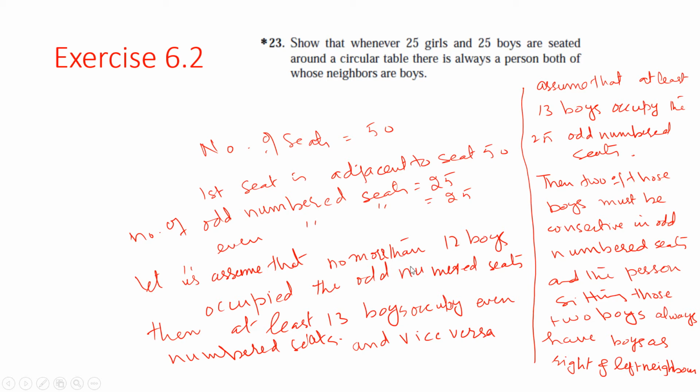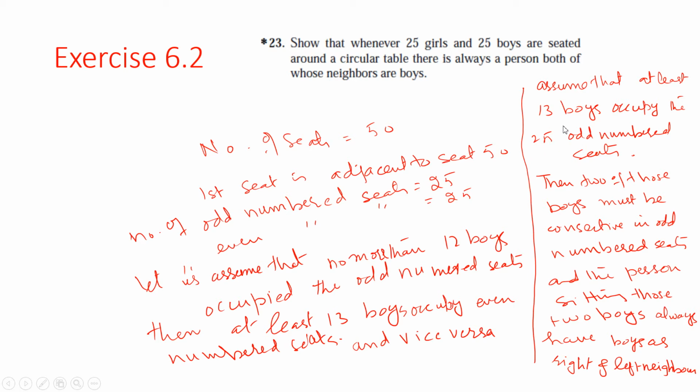If the maximum number of boys who occupied odd numbered seats is 12, then of course the rest are seated on the even numbered seats, or vice versa. So let's assume that at least 13 boys occupy the 25 odd numbered seats.